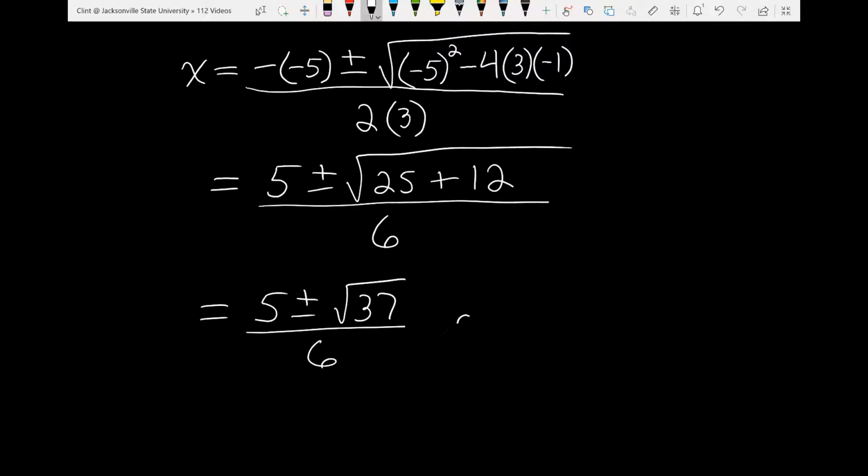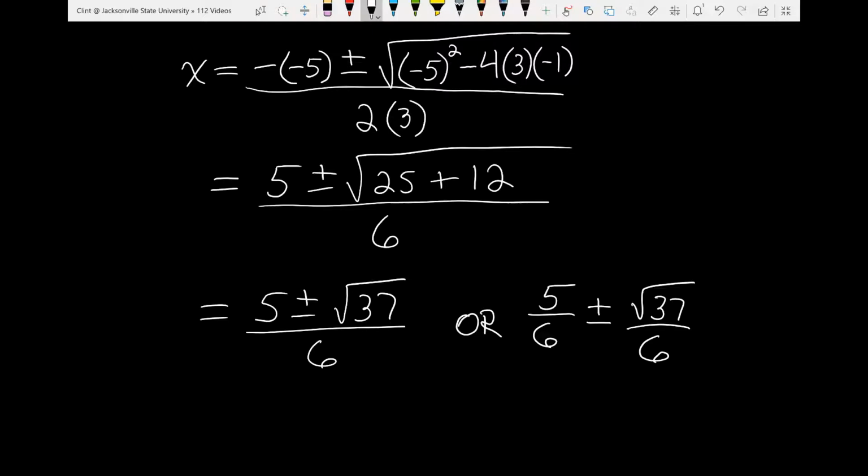Another way you can write this is you could split it up into two fractions: 5 over 6 plus and minus the square root of 37 over 6. Equivalent way to write the two solutions.